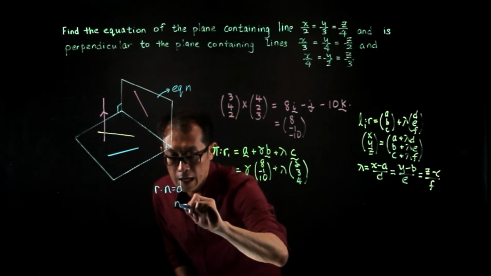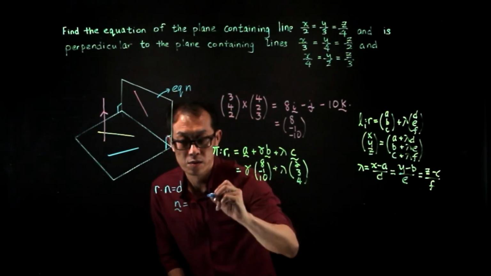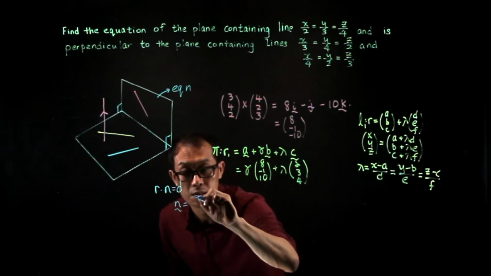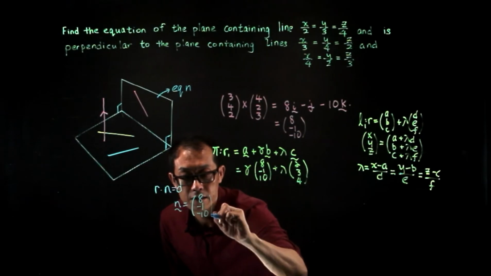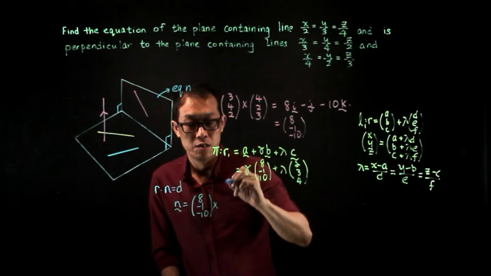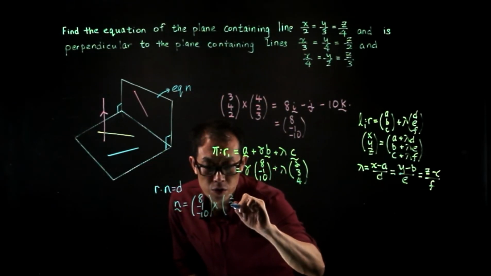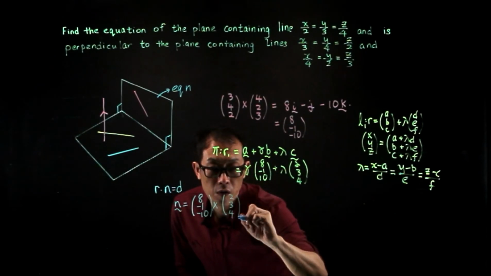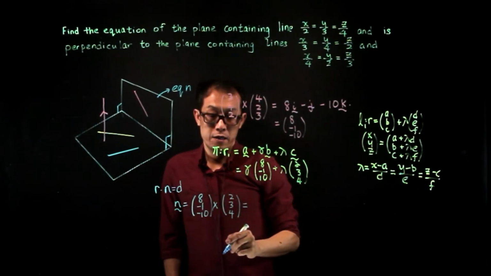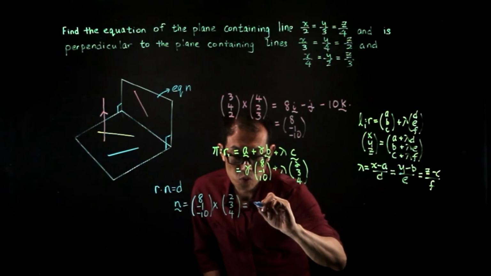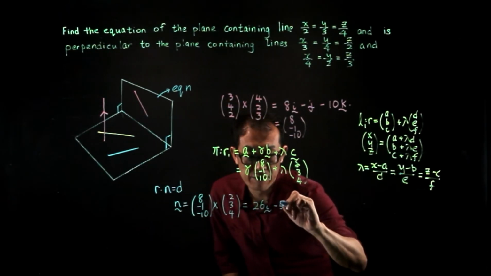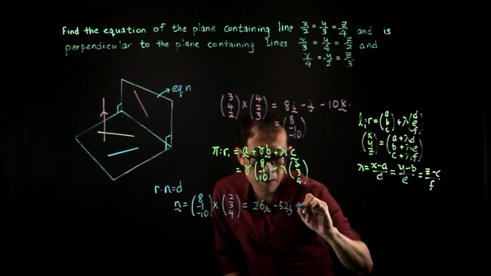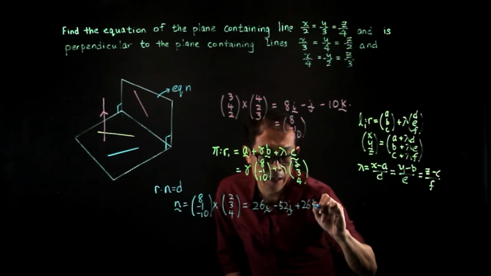So n will be equals to 8, minus 1, minus 10 cross 2, 3, 4. Now you get 26i minus 52j plus 26k.